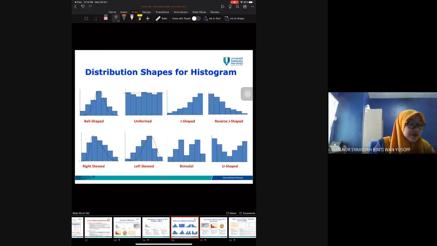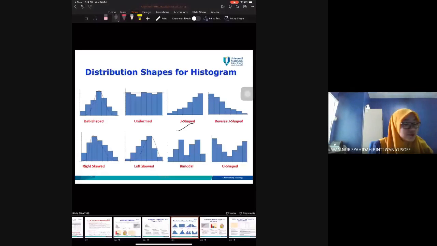When you have that kind of data, you might not get exactly these 8 patterns. So what you need to do is try to identify which one is the closest to your data.